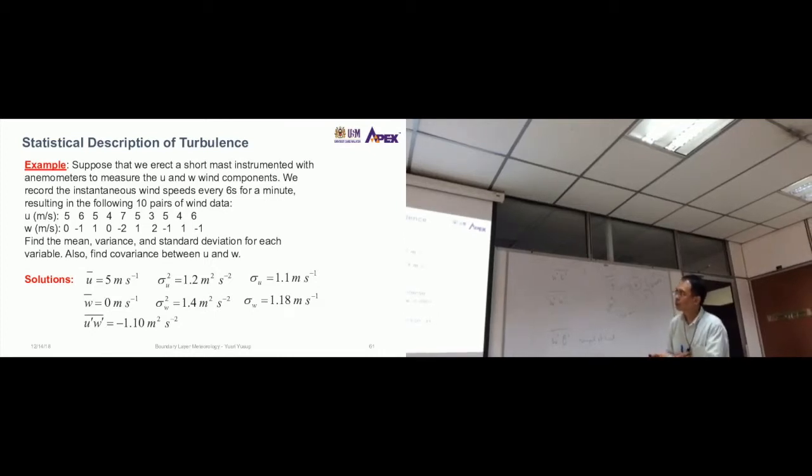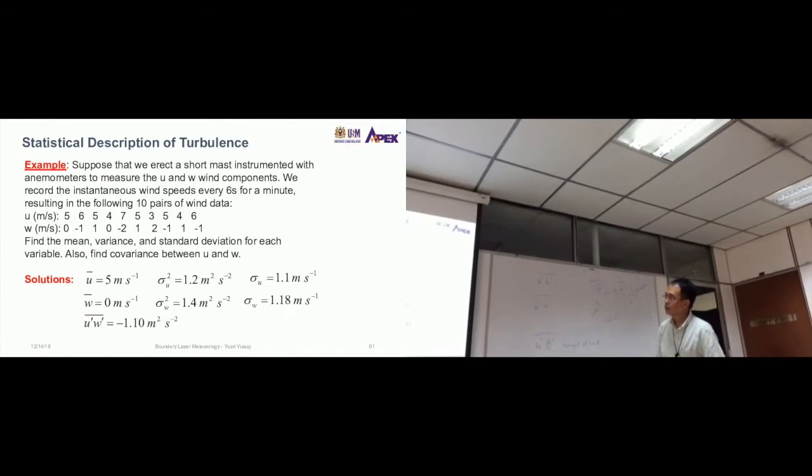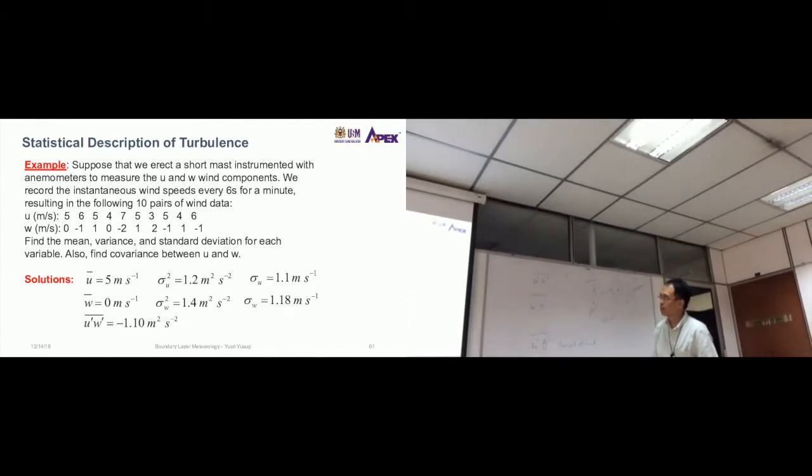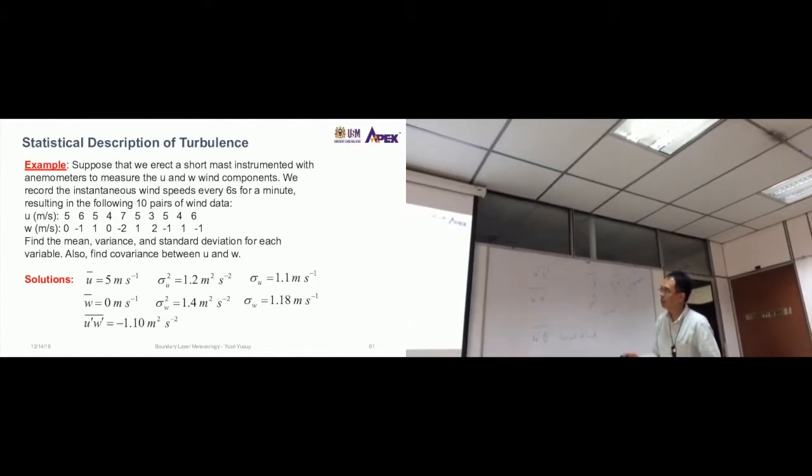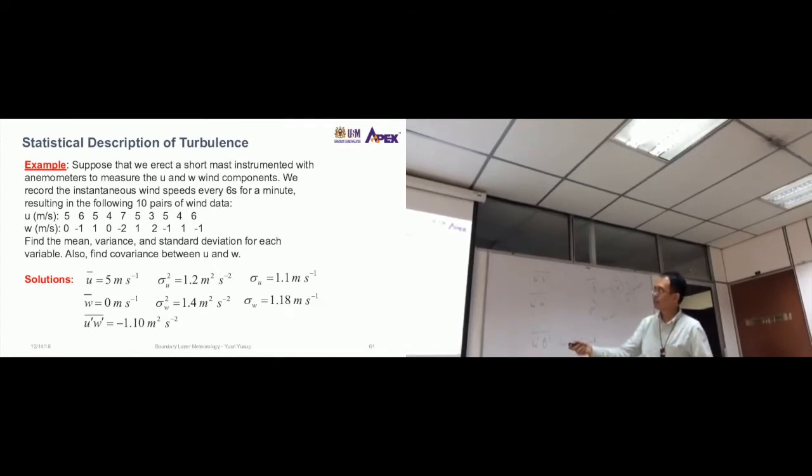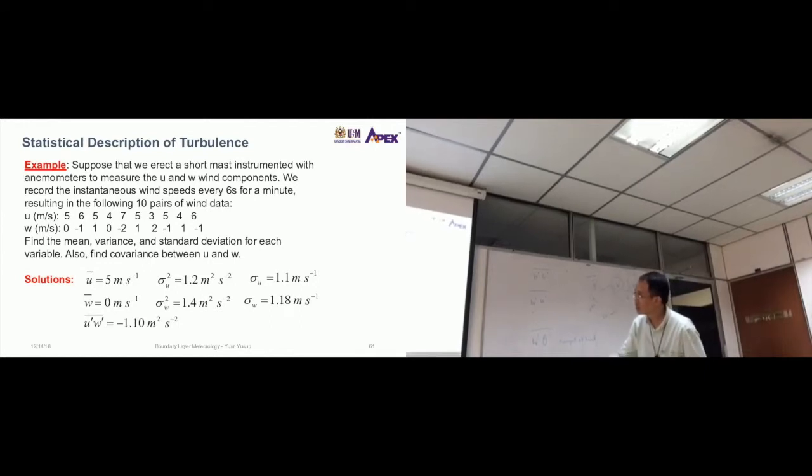So let's read through the discussion here. One, the turbulent variations of W are more intense than those of U, even though the mean wind speed for W is 0 in this example. If you look at this, this could be high in magnitude, but the turbulence is 1.2. For W, it's lower, but look at the turbulence, it's 1.4.